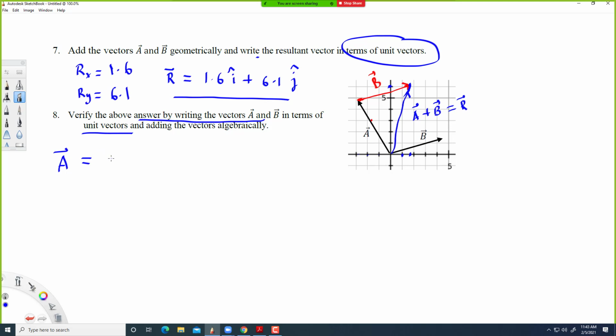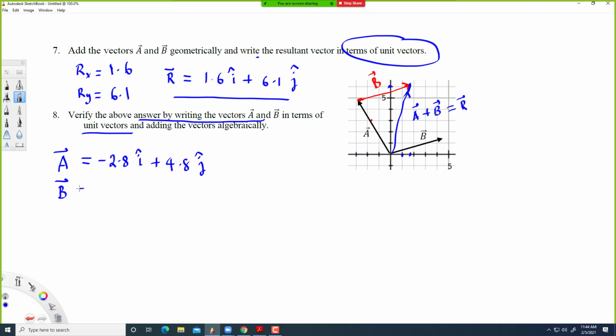So 2.8, just looking at A. Okay, so A has 2.8 divisions to the left. Because it's to the left, I need a minus sign here. So that's along the x direction. And how many divisions does it have in the upward direction? So 1, 2, 3, 4, about 4.8. Okay, so plus 4.8 along the y direction.